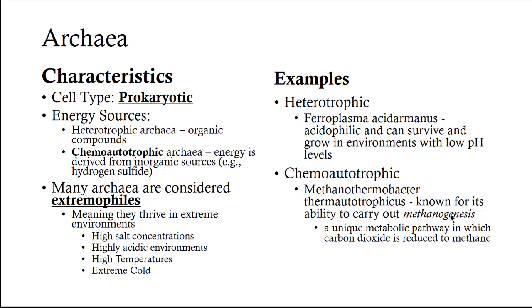Some examples, and then I'll move on, of archaea would be an acid-loving microorganism here, Ferroplasma acidarmanus, and a chemoautotrophic example, which is a methane producing one. I'm going to actually not try to pronounce that one. But what this is known for is the production of methane, which is a greenhouse gas, and a key part of an environmental cycle.